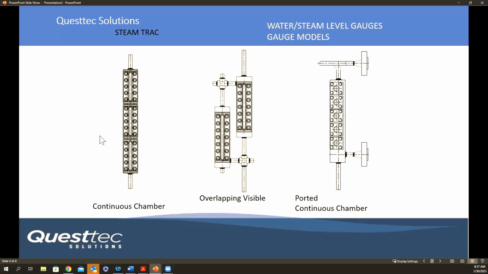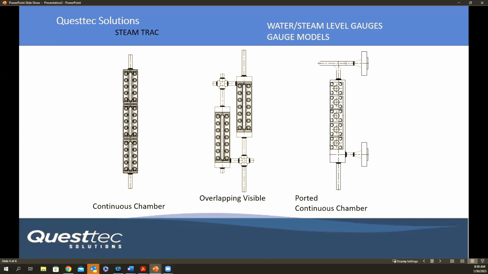Whereas with a transparent sight glass, if you have clear, transparent water, and you look at the continuous chamber version in between sections, if the interface falls between sections and the water is very clear and not dirty, you may not be able to tell where the water level, that water-steam interface, that meniscus line, exists. That is why there is always required to be an overlap with a transparent style sight glass.